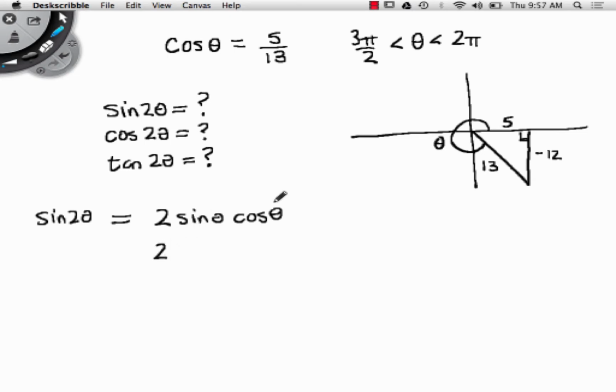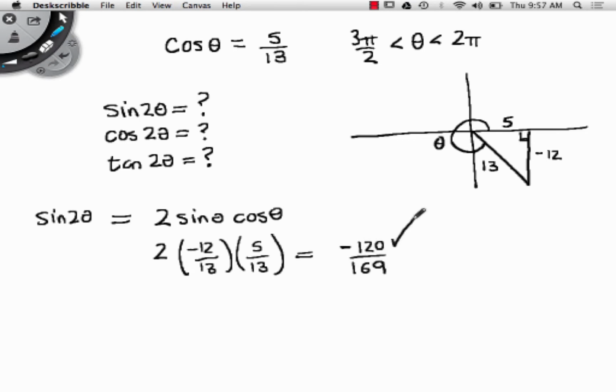Well, it's negative 12 over 13. Cosine of theta, 5 over 13. And so when you multiply this all together, you're left with negative 120 over 169. And that's the sine of 2 theta. Does that make sense?